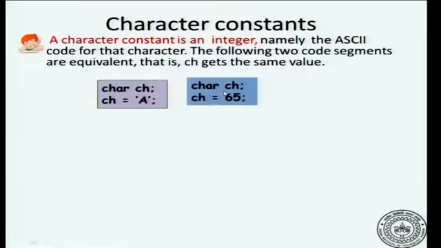That obviously initializes the character to A; it assigns the value A to the variable ch. But I could also do the following: char ch equal to 65. Why 65? The ASCII value for A was 65. So instead of writing it as 'A' within single quotes, I can write ch equal to the number 65, and it will be the correct ASCII character anyway.